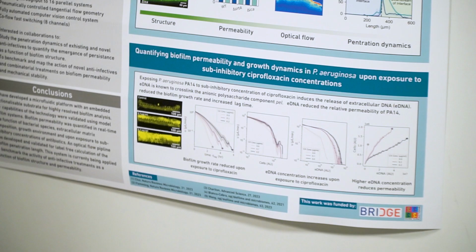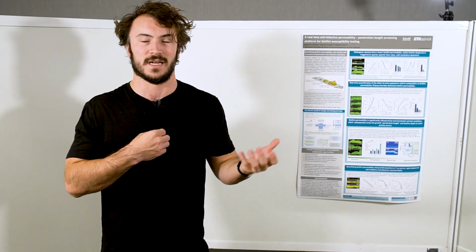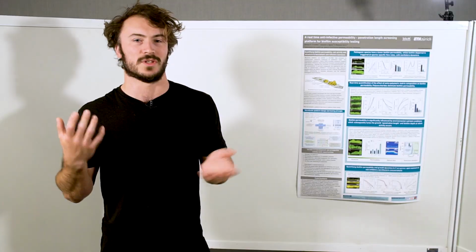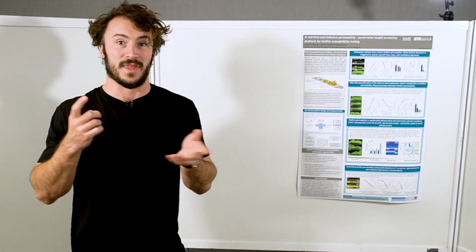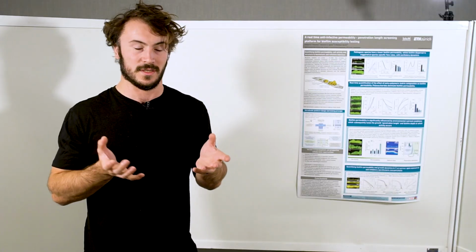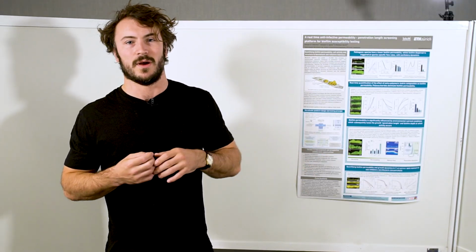Using these experiments, we were able to show that upon release of extracellular DNA, you get a permeability reduction within the biofilm. We theorize this is due to cross-linking between the DNA and cationic polymers within the extracellular matrix. But yeah, this is a way of validating our quantification of extracellular DNA within the biofilm with time, and then correlating that with the mechanics of the system.